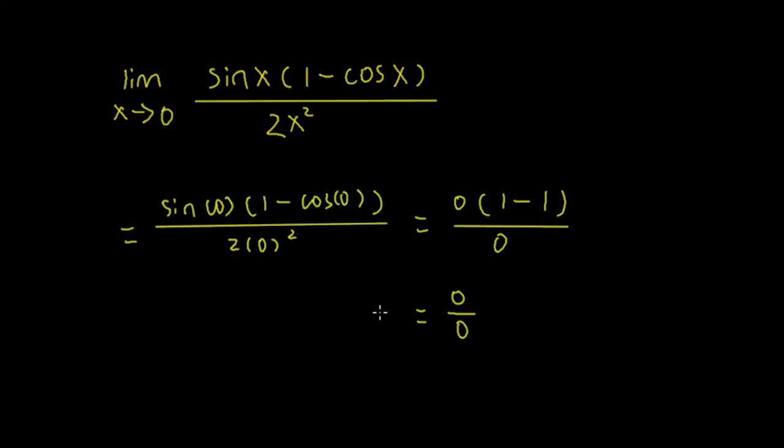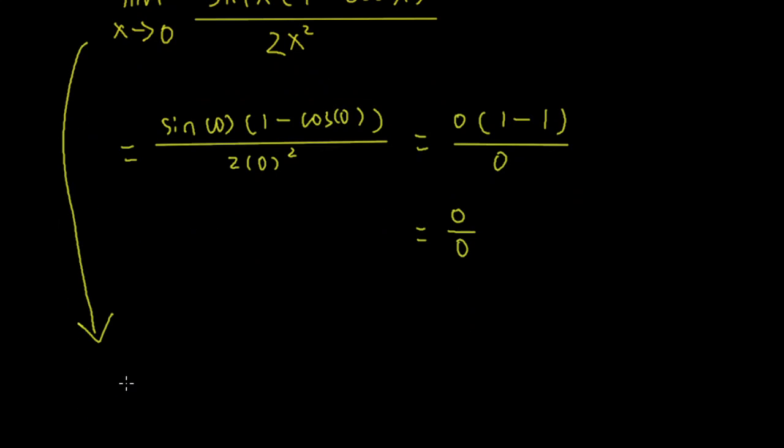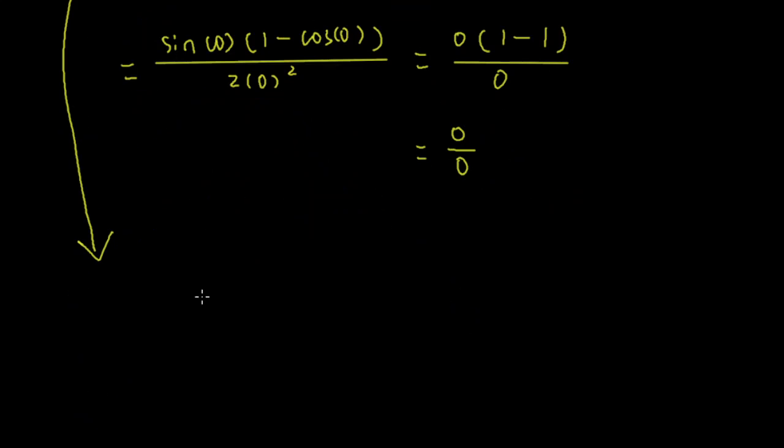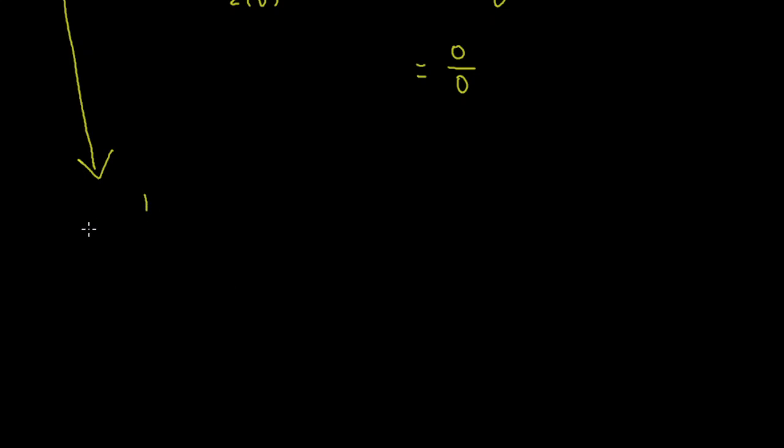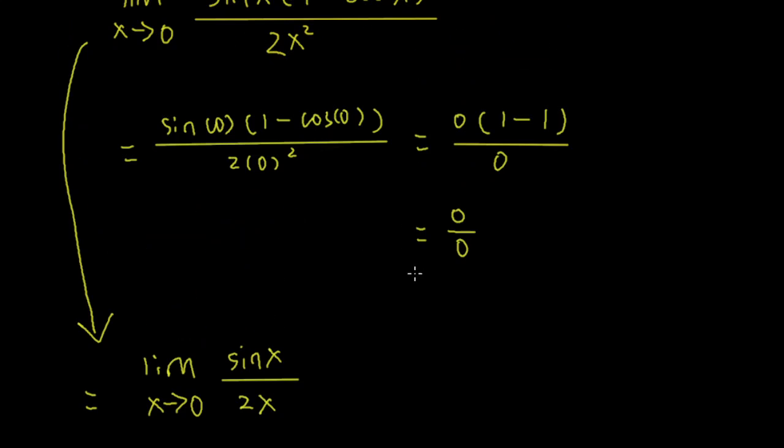How should we do this? For this limit, I will break up the 2x squared into 2x and x. Let's see how we can do that. So the first thing is the limit as x approaches 0 of sine x over 2x, right?